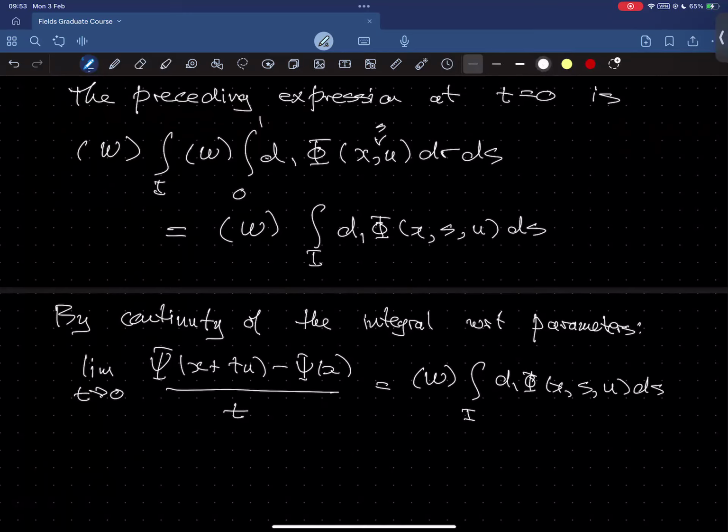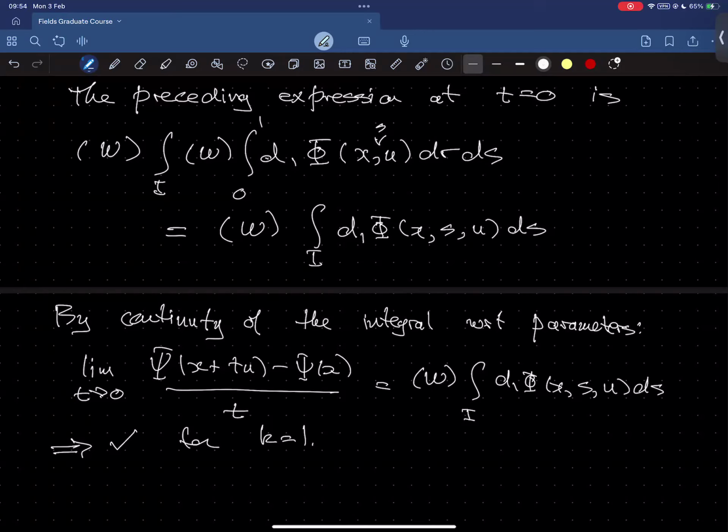Okay. All right, and that's the conclusion for k equals 1. Now for higher order k's, you just use the fact that when you calculate the kth derivative, you're really calculating the first derivative of the k minus first derivative.